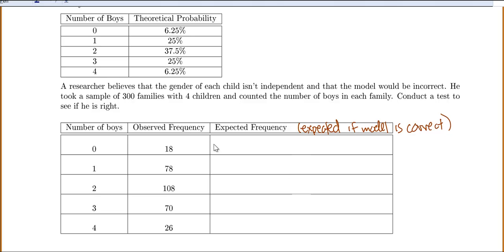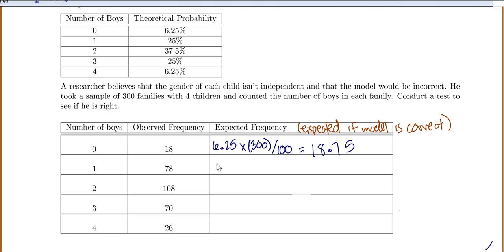So you're going to do 6.25 times 300, and then you divide by 100. So that's how you change percentages into counts. If it was supposed to be 6.25%, you do 6.25 times 300 and divide by 100. So this gives you 18.75.